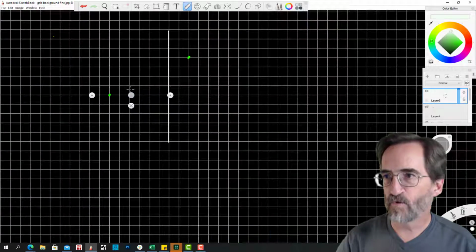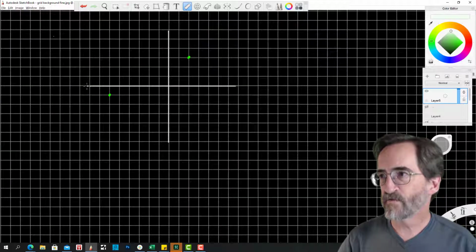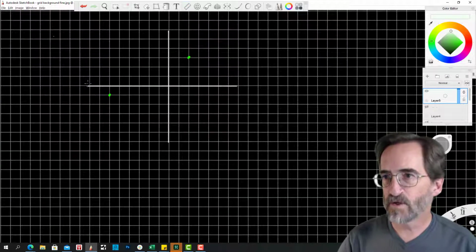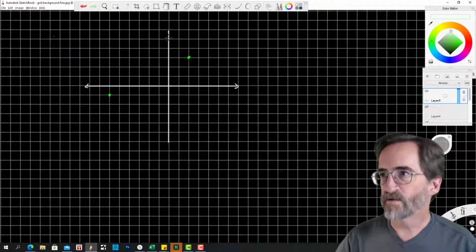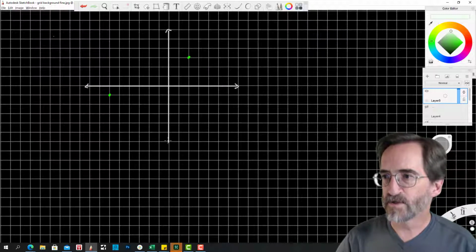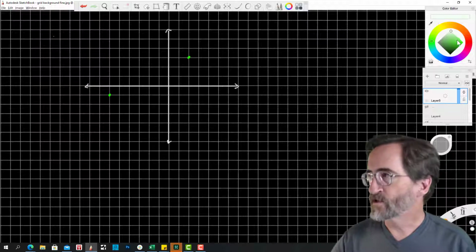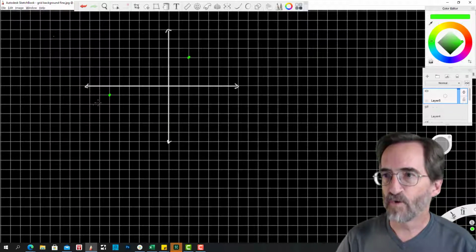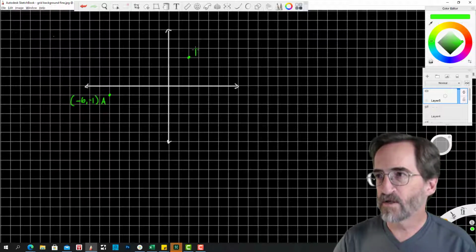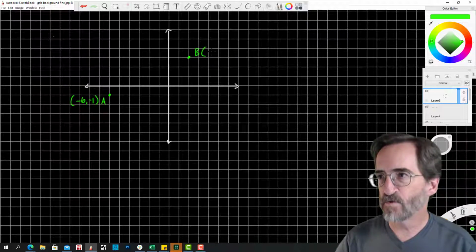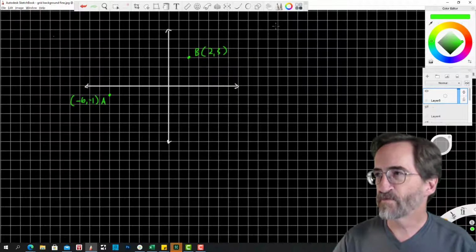You're given 2 points, and you're asked to find a point in between the 2 points that divides the resulting segment into a particular ratio. In this case, I'll call this point A, and point A is (-6, -1). And point B here is (2, 3), okay? And so you'll see something like this.